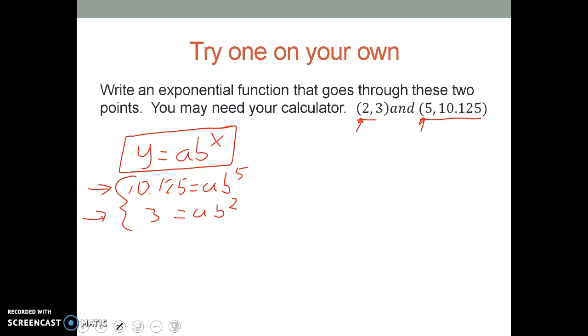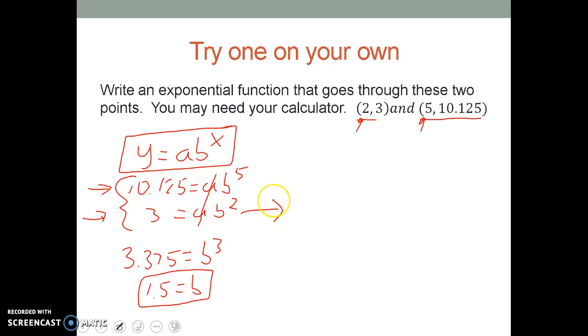So if I divide the two, 10.125 divided by 3 is 3.375. That equals, my a's cancel. B to the 5th over b to the 2nd is b to the 3rd. So if I take the cube root of both sides, b is going to equal 1.5. Then I could take either one of these equations.